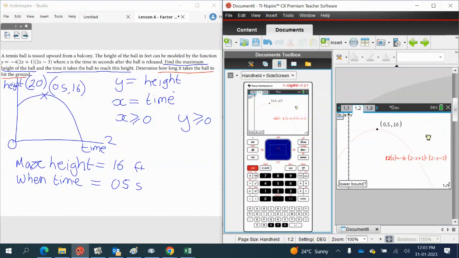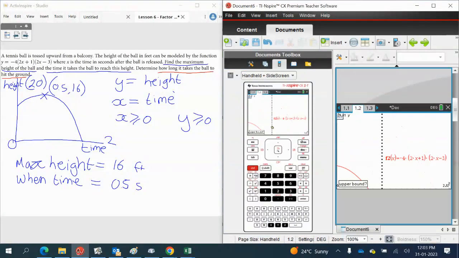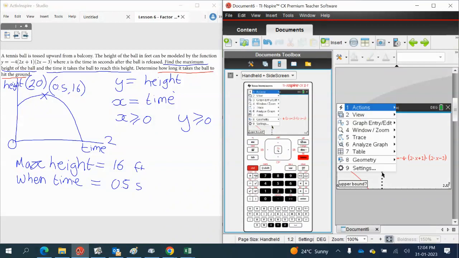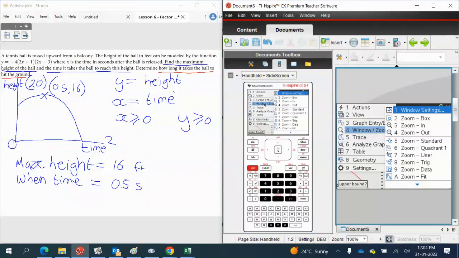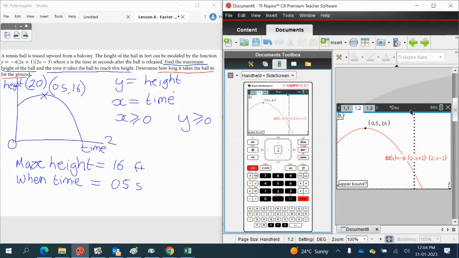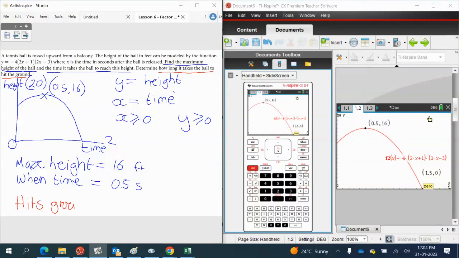We click either side, and we get the zero. So it hits the ground at 1.5 seconds.